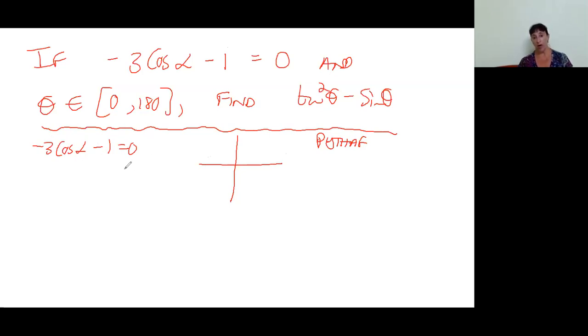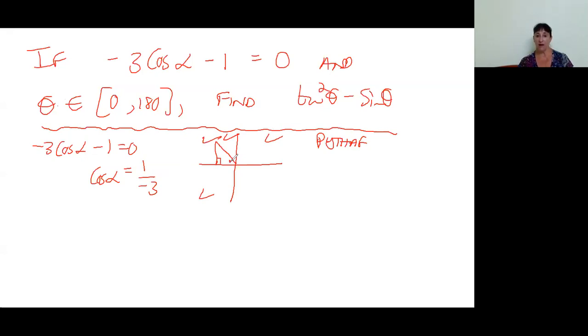So I'm going to put the 1 over to the other side and then divide by -3. So cos of alpha is equal to 1 over -3. Cos is negative in these two quadrants, and theta is between 0 and 180, so from 0 to 180 is here and here. That is where I need to draw my triangle.